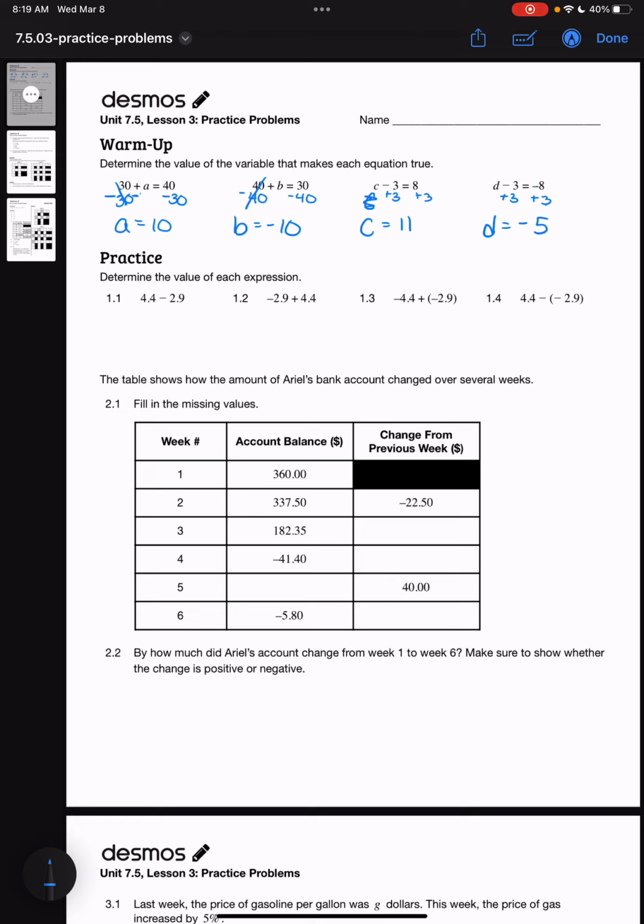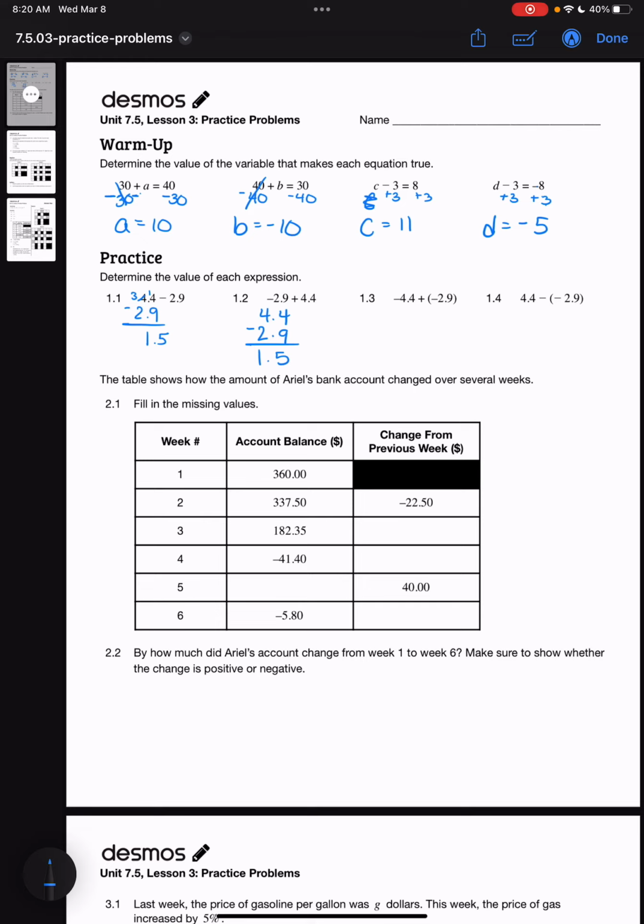Now determine the value of each expression. So 4.4 minus 2.9. I need to borrow. So we have 1.5. Now, the easiest way to do this is I can rewrite these.